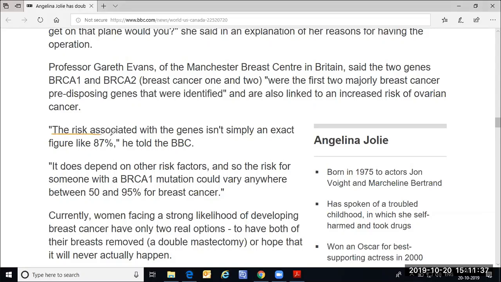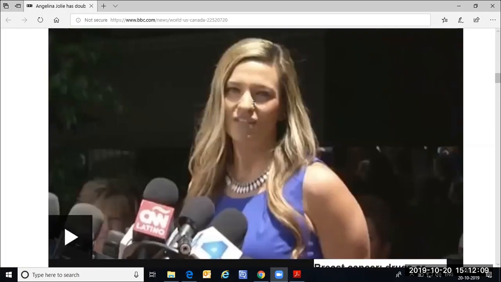The risk associated with the genes is not simply an exact figure like 87%. The doctors came out with a probability of 87% that she might get attacked by that kind of cancer, because of which she prematurely went into the surgery to save her life. You can go through this in detail so that you understand the complete details about it.